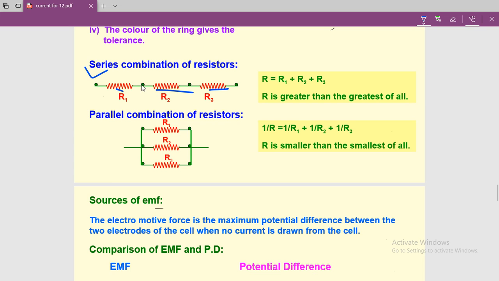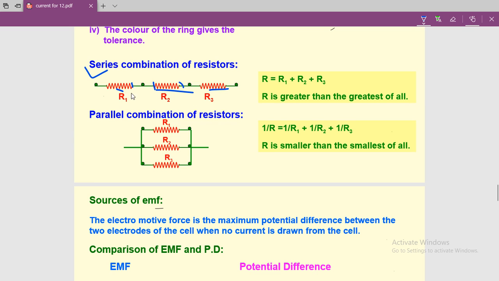one end of each resistor, suppose this one is the first end, is connected with one end of another resistor. Then the second end of this resistor is connected to one end of R3. This type of combination is known as series combination of resistors.